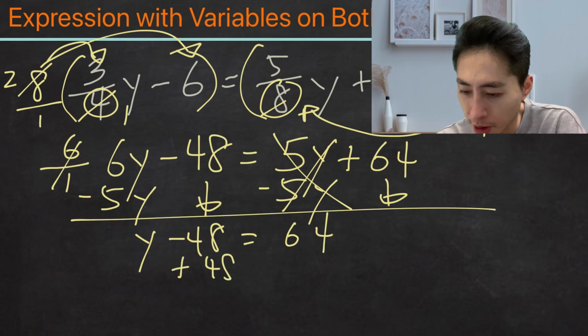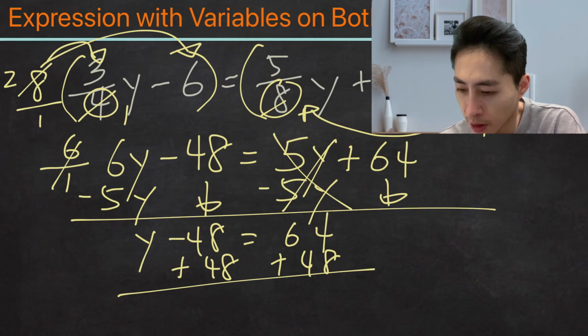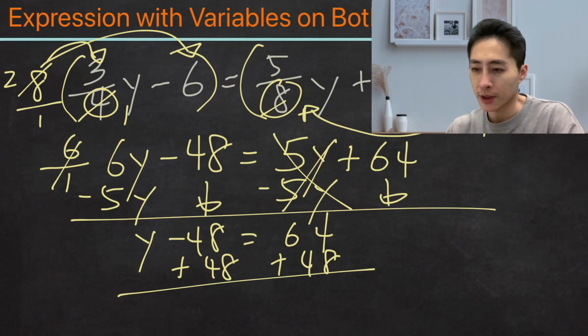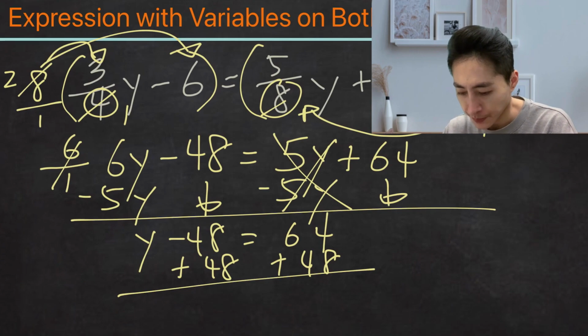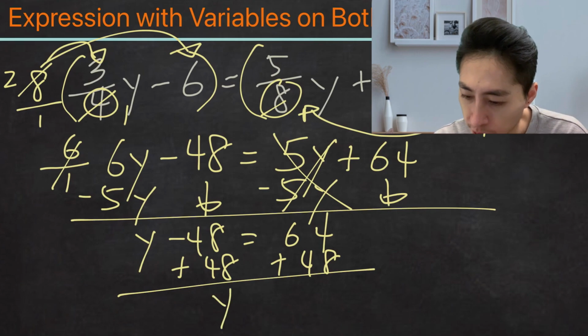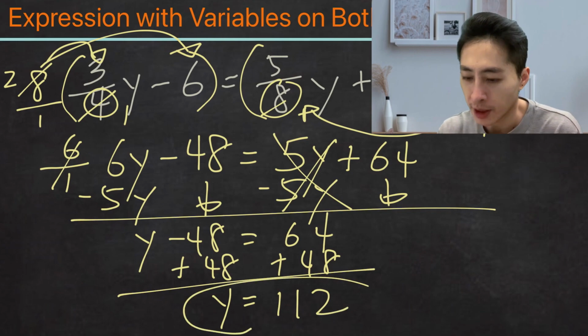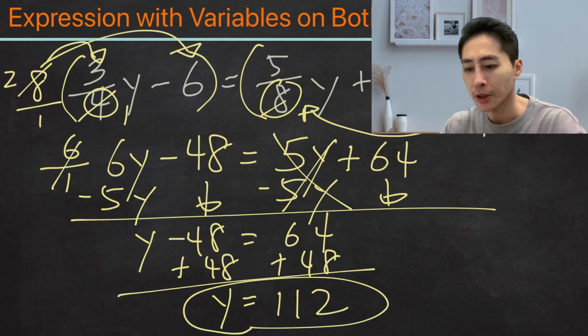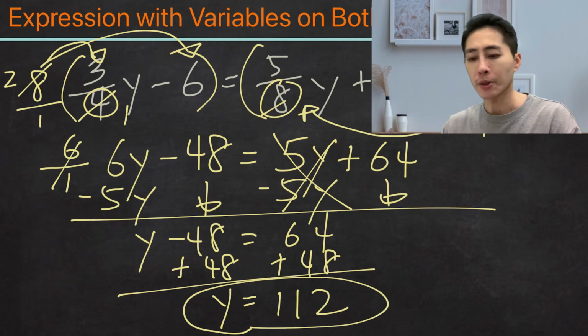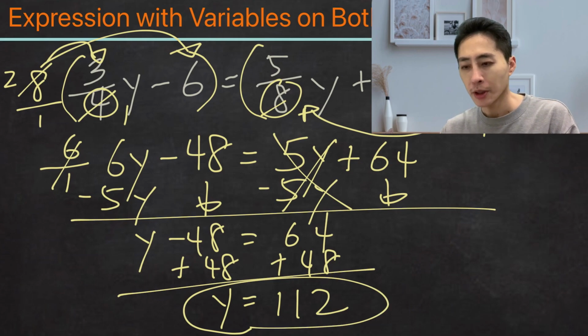Now we gotta get the number to the other side. So now we have 64 plus 48. And the answer is y equals 112. So that's the answer.